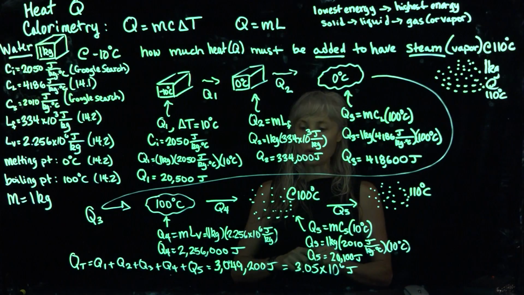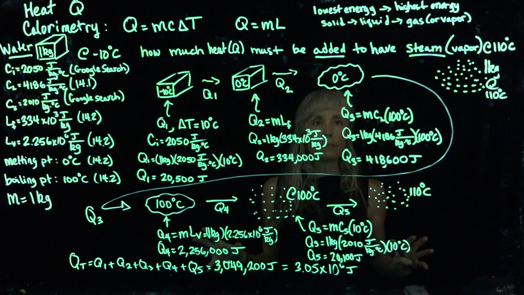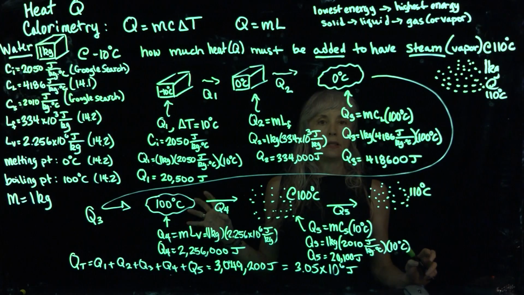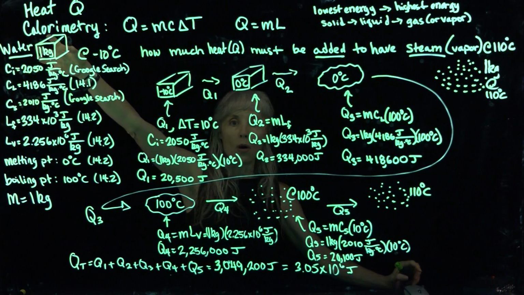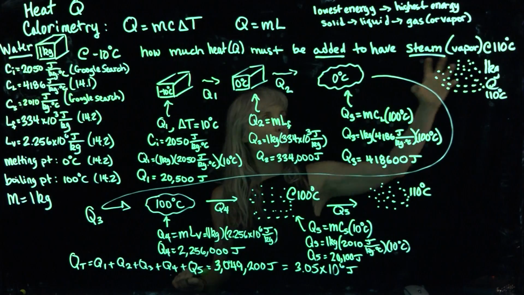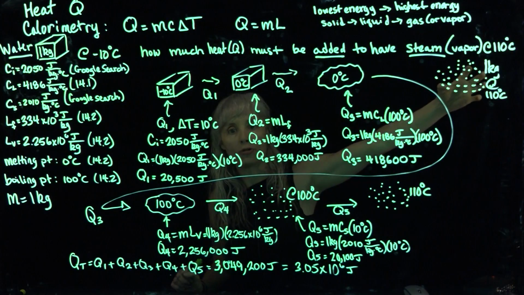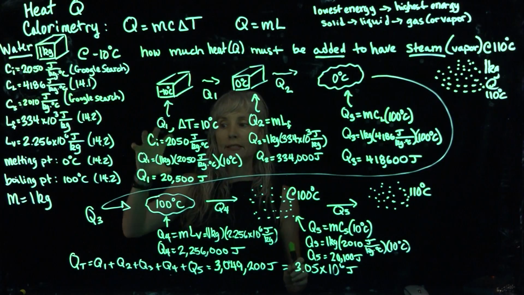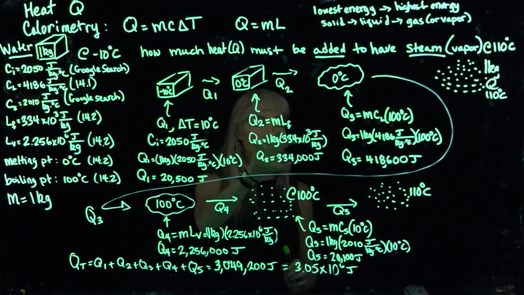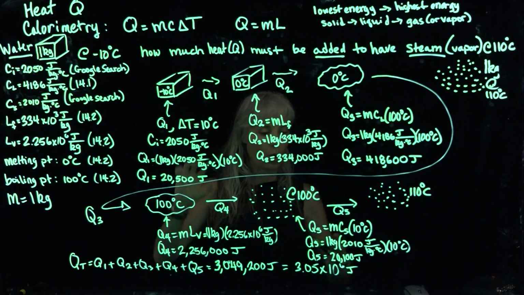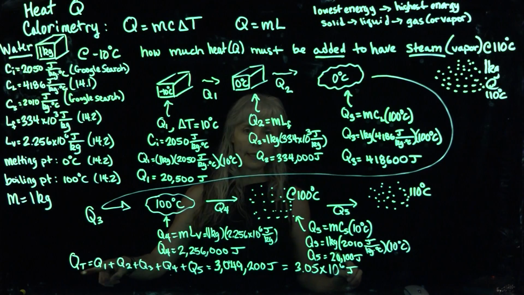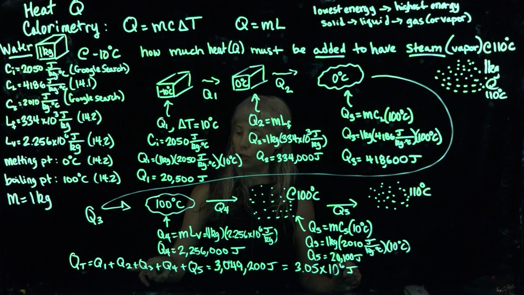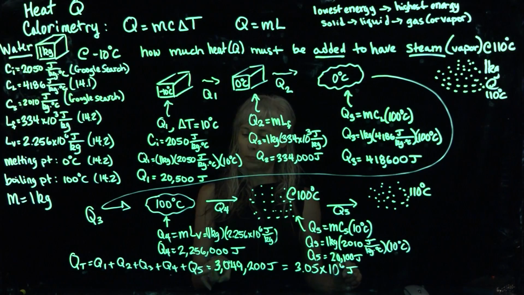And so the total amount of heat energy that we need to add to get from a block of 1 kilogram ice at minus 10 degrees C to 1 kilogram of steam at 110 degrees C is going to be the sum of Q1, Q2, Q3, Q4, and Q5. So here it is down at the bottom. The total heat is going to be Q1 plus Q2 plus Q3 plus Q4 plus Q5.